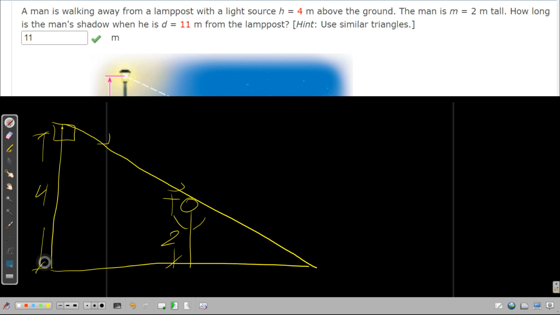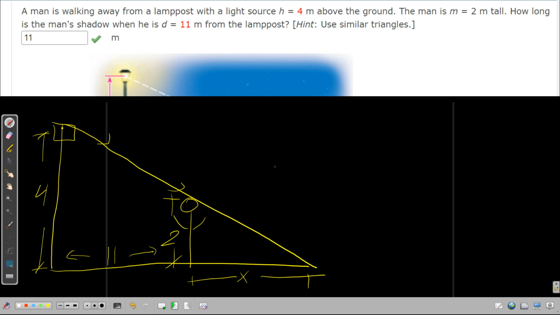Okay. We know that he is 11 meters from the lamppost. And they want us to determine what is the length of the shadow cast. And they give you a hint to use similar triangles.